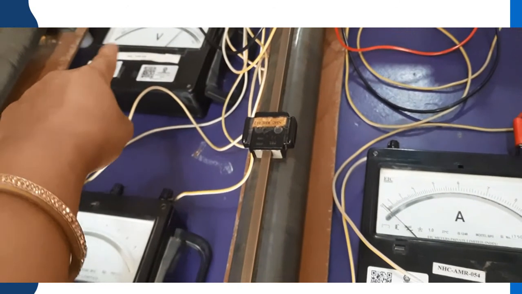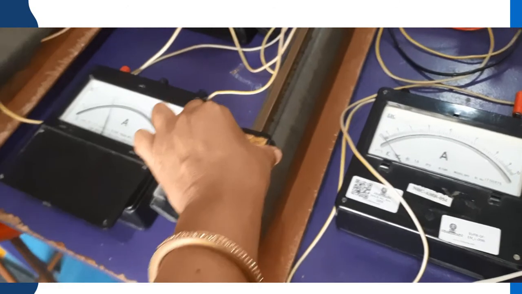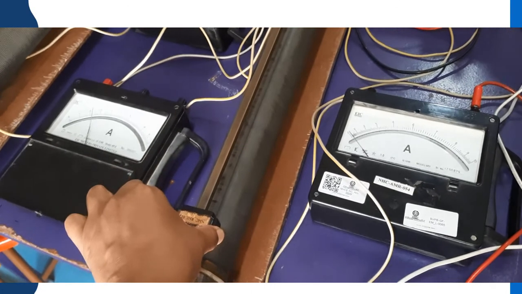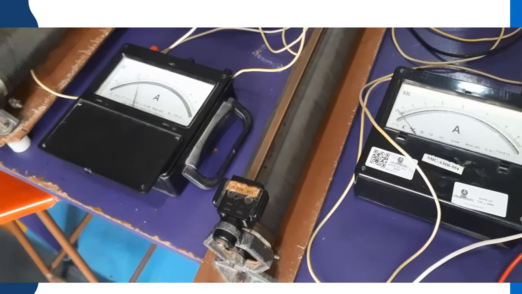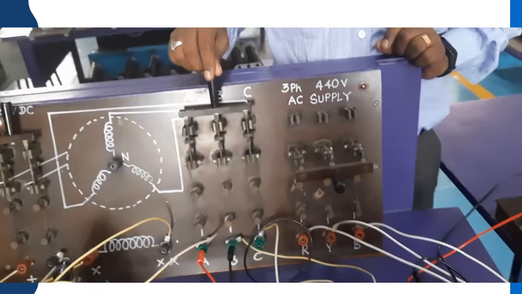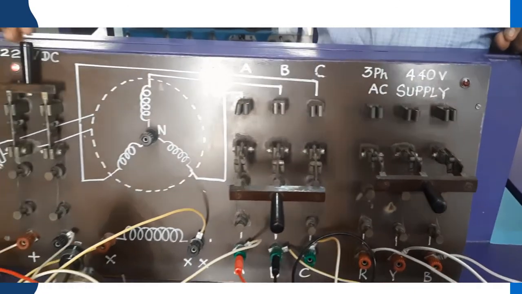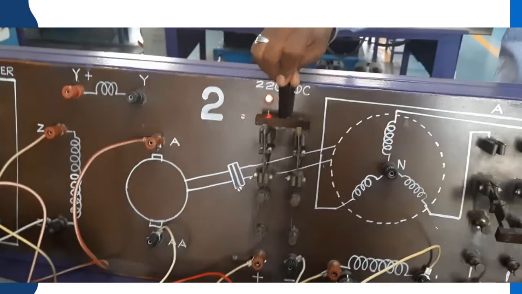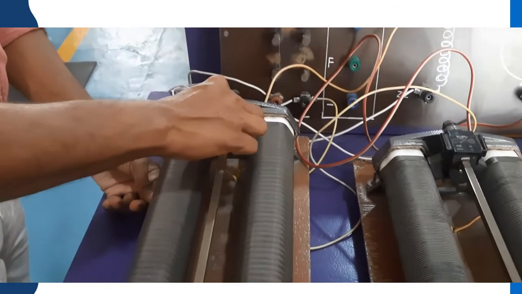Now I have to bring this rheostat back to the initial position, to the maximum resistance. Then I have to open the synchronous motor switch, turn off the DC supply, and bring the field resistance back to minimum.